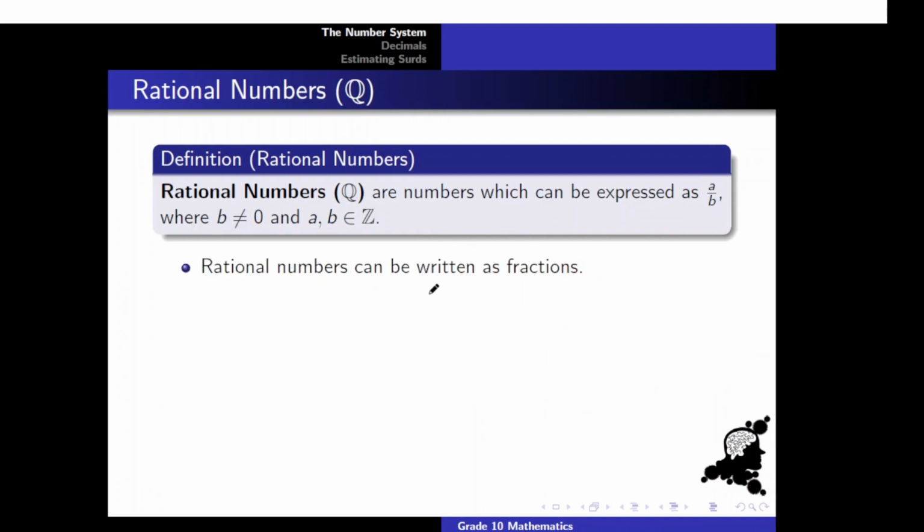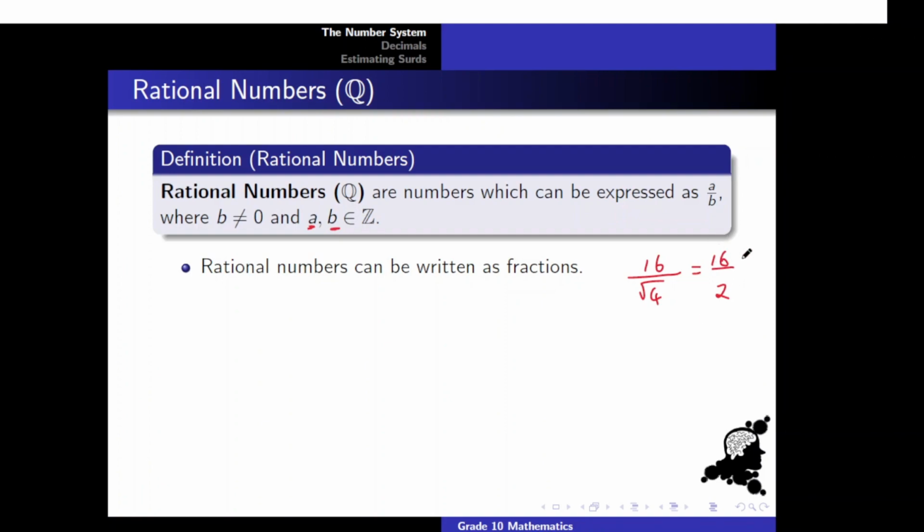So we said rational numbers can be written as fractions. Once again, the numerator must be an integer, and the denominator must be an integer. Even if we have something like 16 divided by the square root of 4, this is 16 divided by 2, which gives me 8.